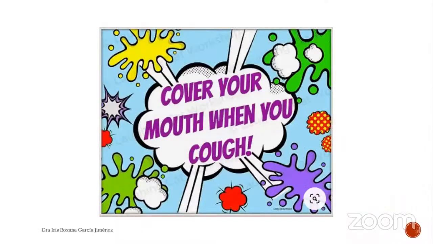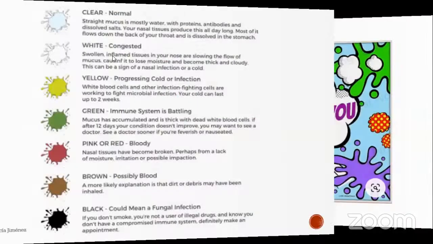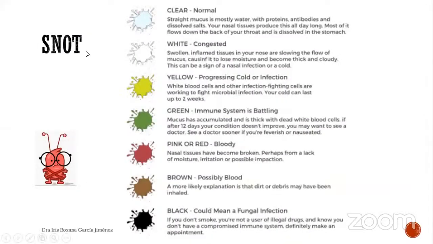Just an advice, cover your mouth when you cough, of course. And the characteristic of a note. This slide, as a conclusion, is just for information, for catching vocabulary and seeing the differences in color. So consider this for self-studying, catching vocabulary and practicing like this.